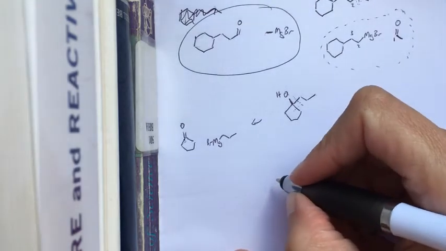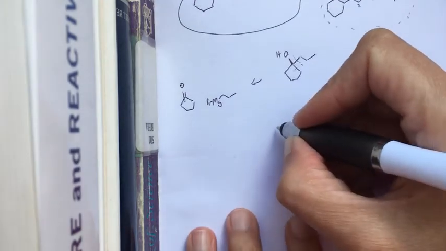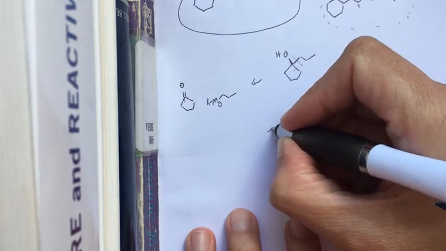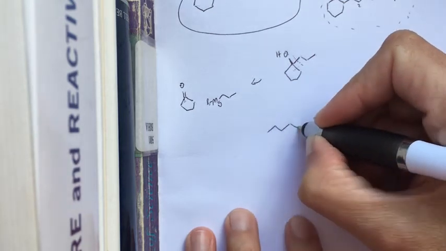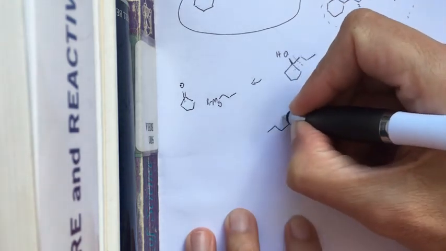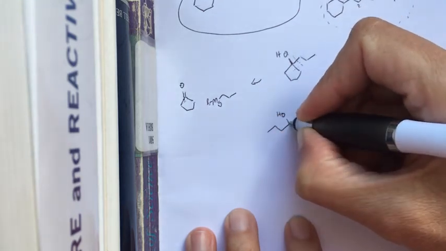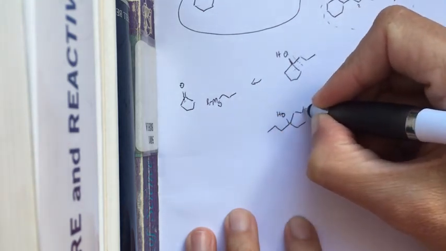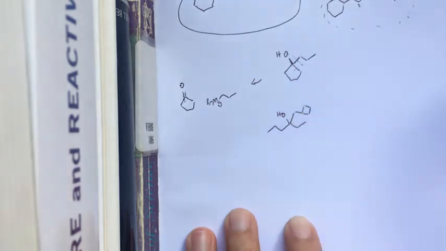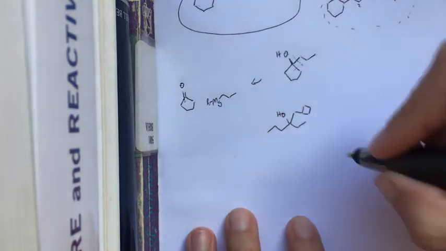Okay, the third question shows OH, and this one is super tricky, because in fact there are 3 potential new carbon-carbon bonds.